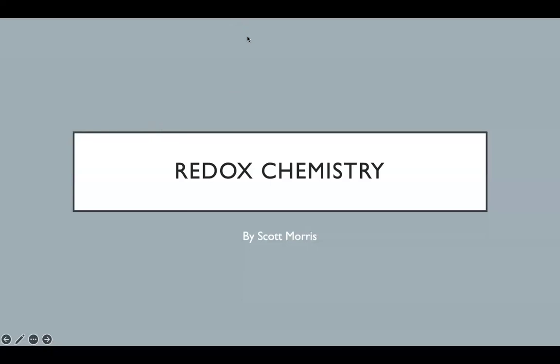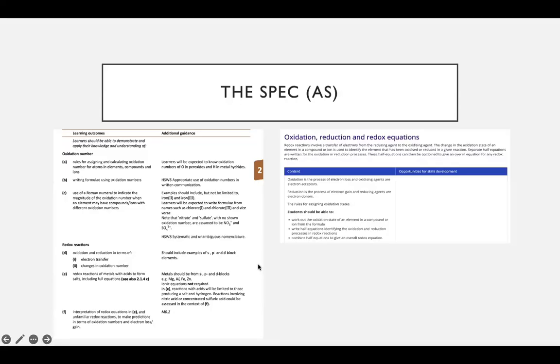Let's make a start by looking at some of the specs. I haven't included Edexcel in here, but as someone asked before, this is still relevant to Edexcel because the specs really overlap on this topic. We're going to start by looking at AS redox chemistry. This shouldn't take too long because it's fairly basic. There's not that much to it.